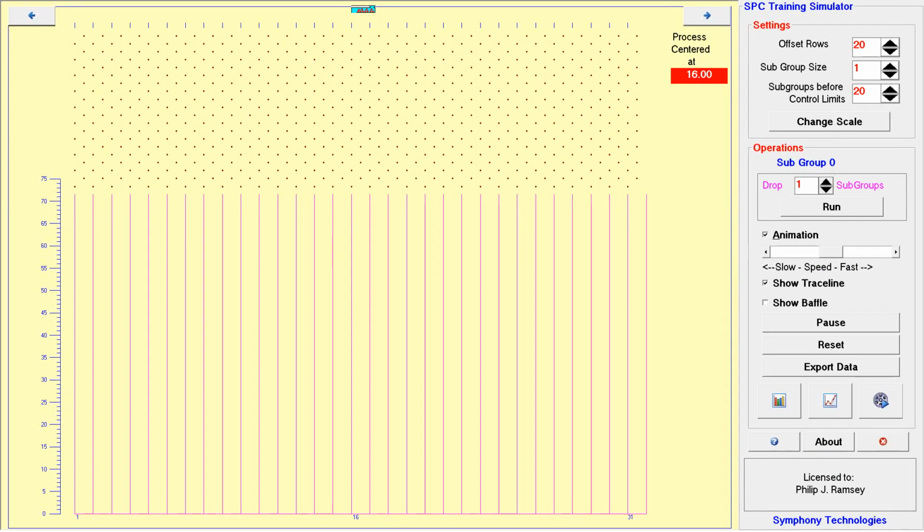And the idea of the quincunx is that I drop a bead from a funnel and it goes down through the rows of pins. If it hits a pin, it's got a 50-50 chance of going in either direction. So as it hits the various pins, collectively, it can follow many different paths. Basically, this is the idea of what we call random variation.